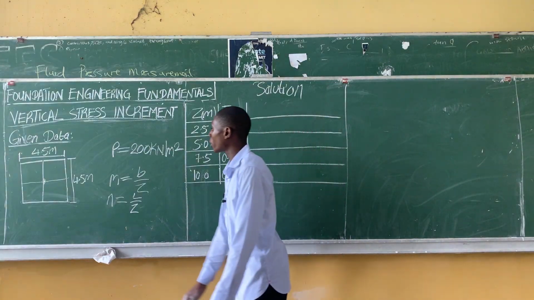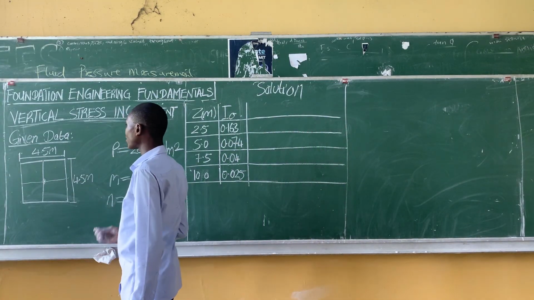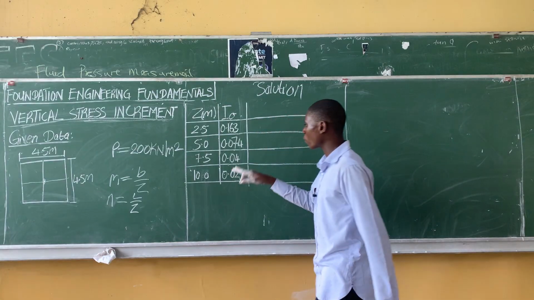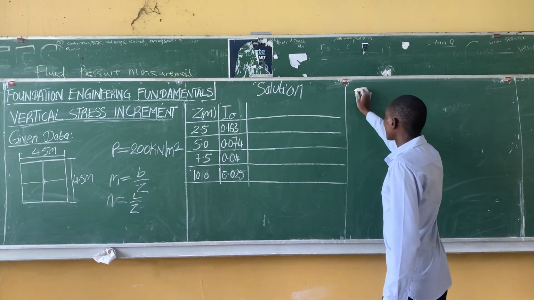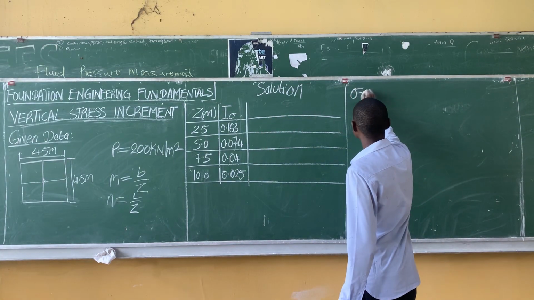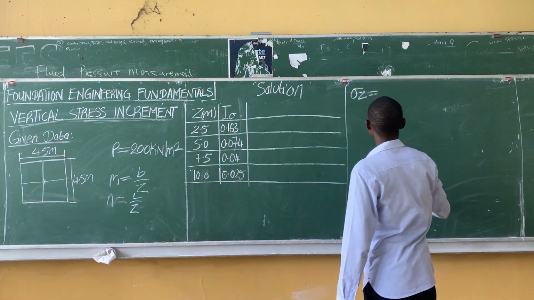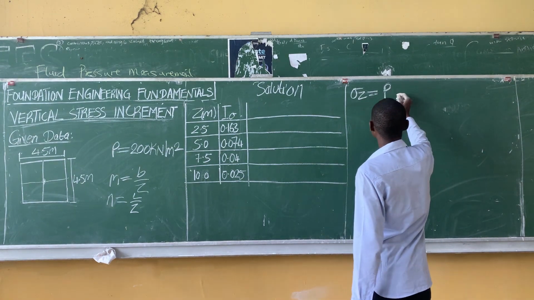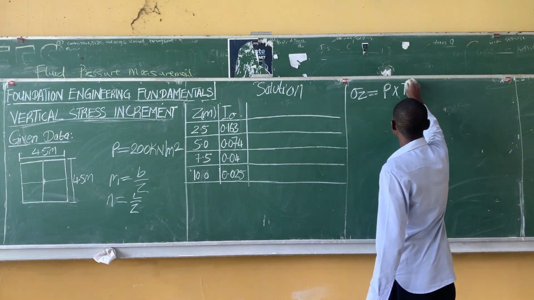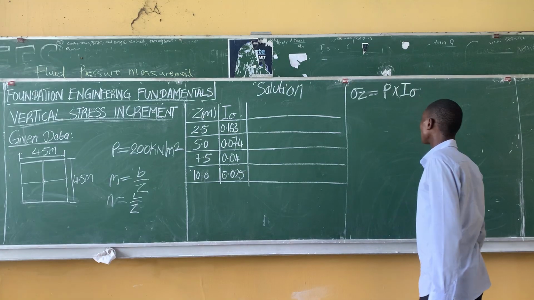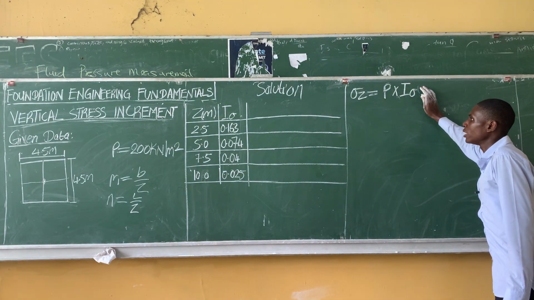So we are asked to get the vertical stress increment up to a depth of 10 meters. Now, vertical stress increment, sigma Z, is given as the pressure times the influence factor. This is basically what it is.